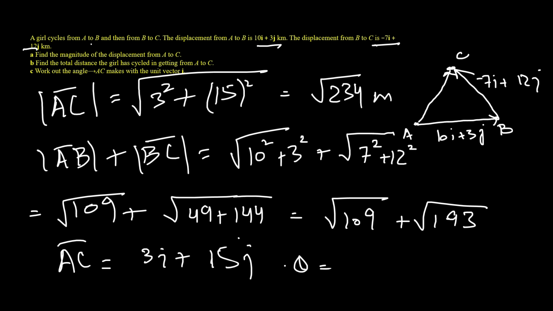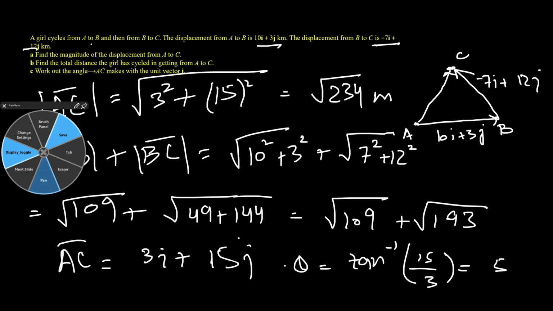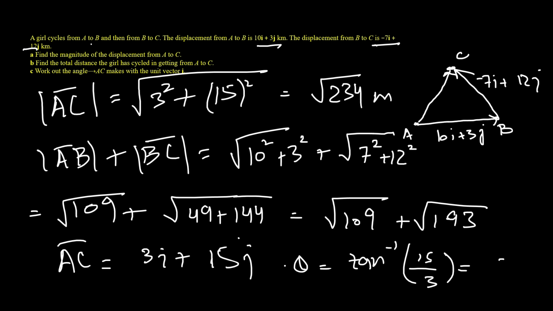Theta is given by tan inverse of y over x, that's 15 over 3, that's tan inverse 5.